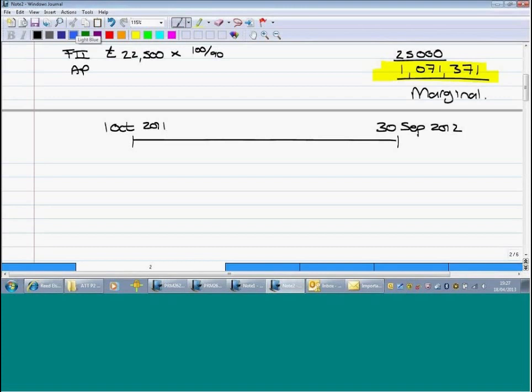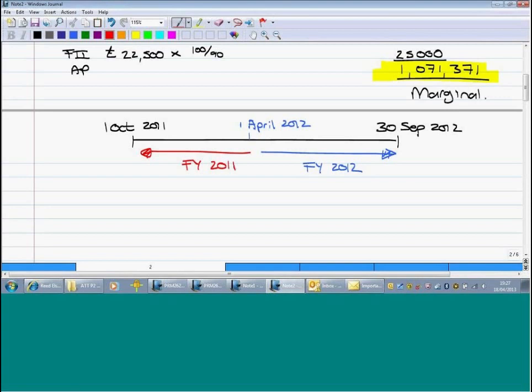What I do, because it's easy to make a silly mistake on things like this, I draw the timeline and then I simply show on that timeline where the 1st of April falls. So in this case, the 1st of April falls here, and it's going to be the 1st of April 2012. So from that date onwards falls into financial year 2012, and anything prior to that date falls into the previous financial year 2011.